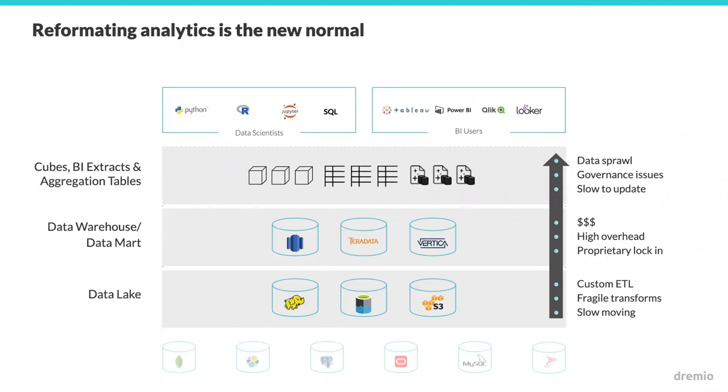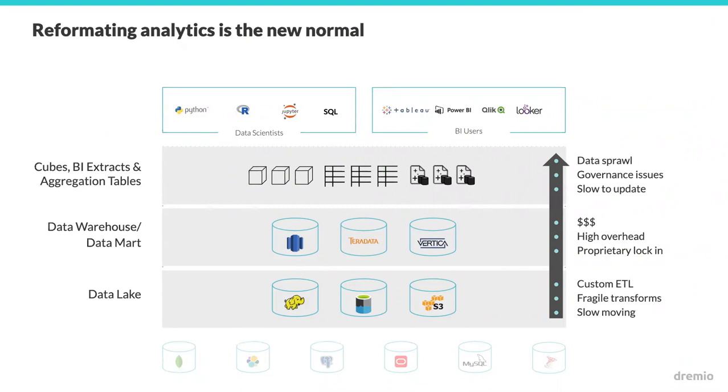This can create some problems for the organization. And even then, the data maybe doesn't quite satisfy the needs of the BI users and data scientists, and these queries may take too long to run or use too much resources. We can't have BI users hitting the Vertica instance over and over again.